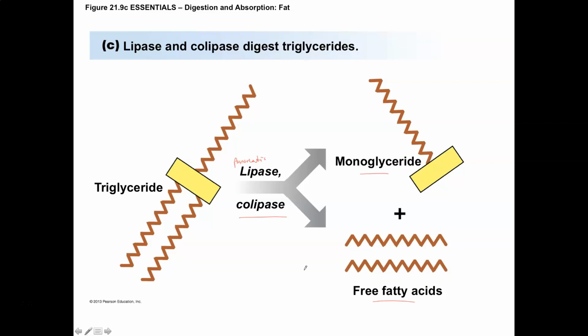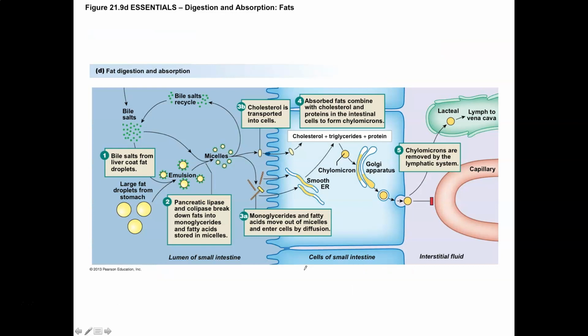And so we're seeing further and further digestion taking place. So it's not just the triglyceride digestion, it's also the phospholipid and the cholesterol digestion as well. Once you have all of these structures, then you start getting into the idea of absorption taking place.